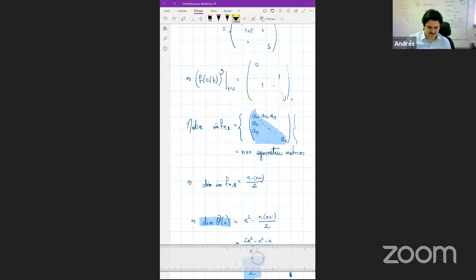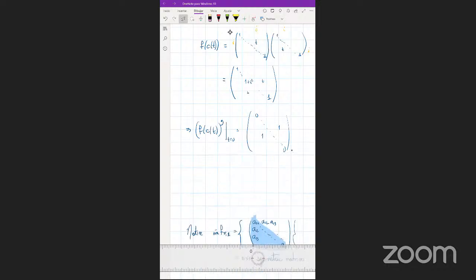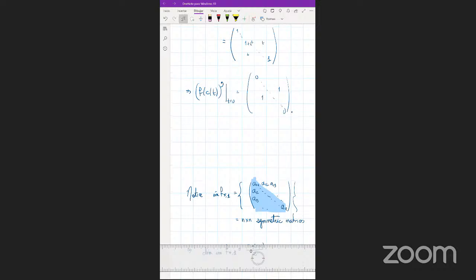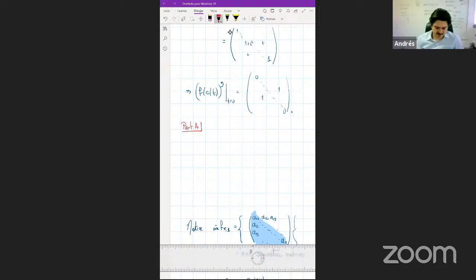So on part A, we computed of a matrix like this, a 1 somewhere in the diagonal. And we show that this is twice the same vector.